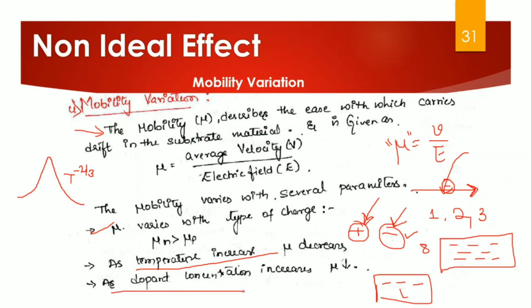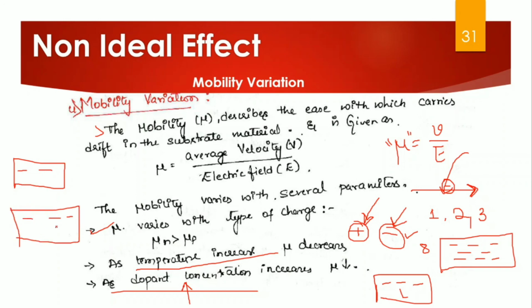Now, coming to the doping concentration. Doping concentration has an effect similar to temperature. Let me take the same example. I have a piece of material in which I have 2 electrons, and these 2 electrons can propagate within the region with full ease. Now I take the same piece of layer, and as the doping concentration increases, I have 3 plus 3, 6 electrons here.